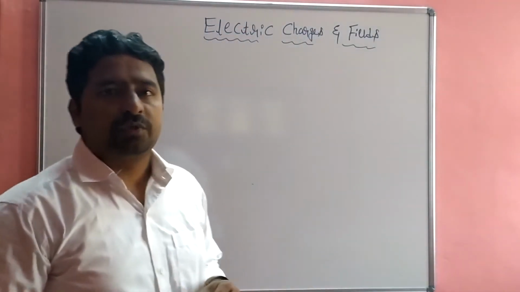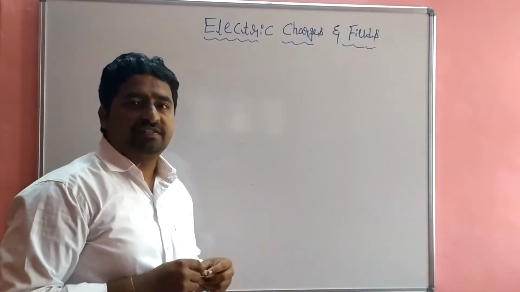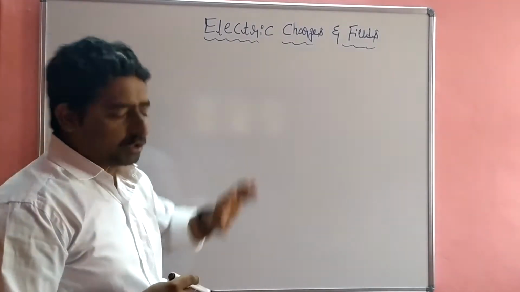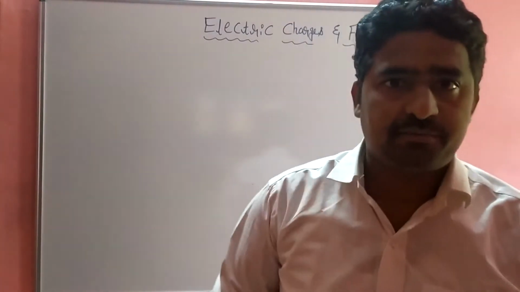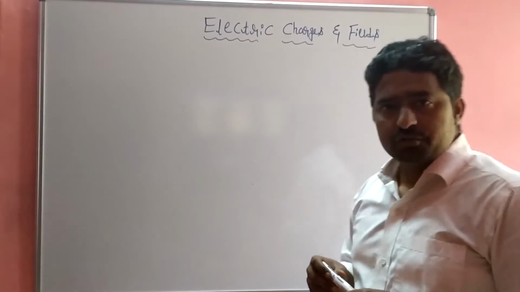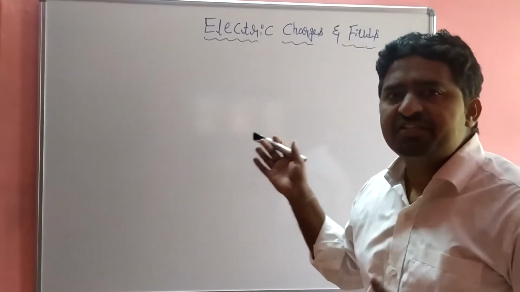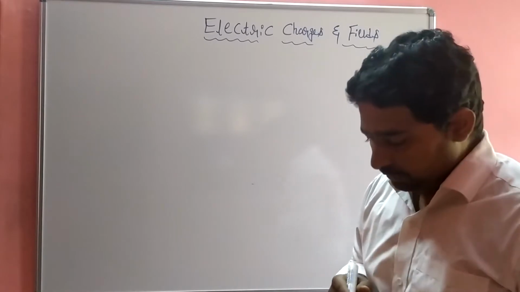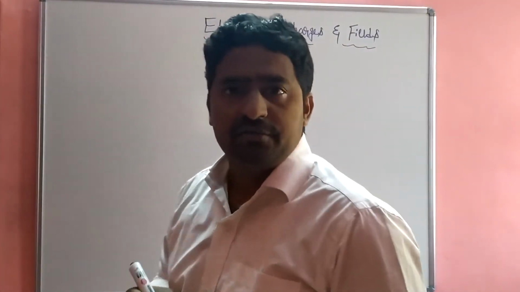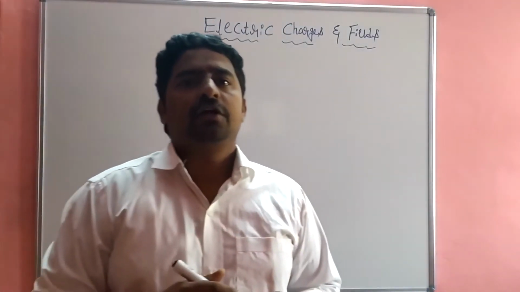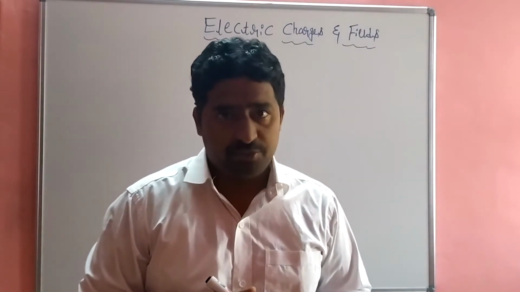So let's start with the beginning, the topic of the second PUC, electric charges and fields. The journey starts from the electric charge. Let's see first of all what is the history of this one. In physics many branches are there, as you already know from the first PUC.